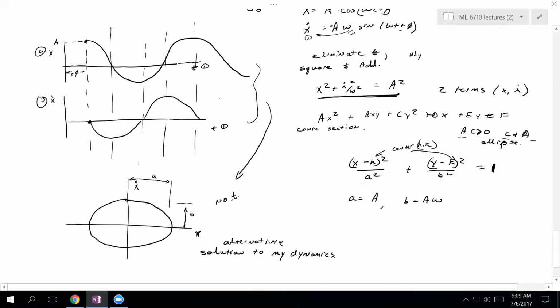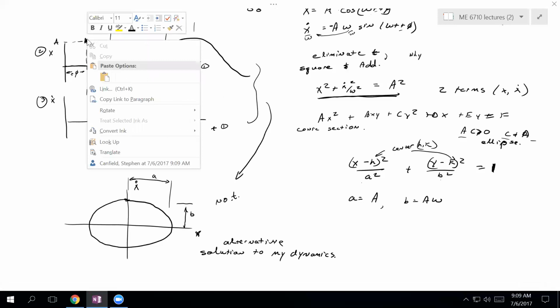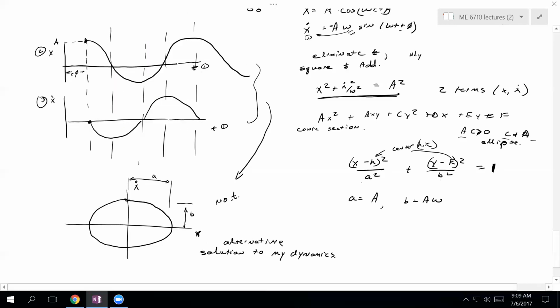Above, I have t, so I have three parameters. So I can look at x versus time, x dot versus time. At every point along here, they should all be matched. So for example, here x is some positive value, its maximum value, x dot is 0, so that would be here. Let's call this cap A circle.